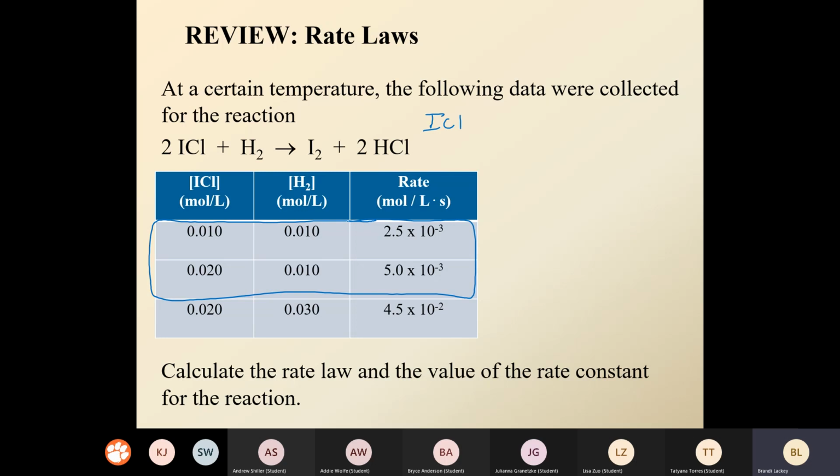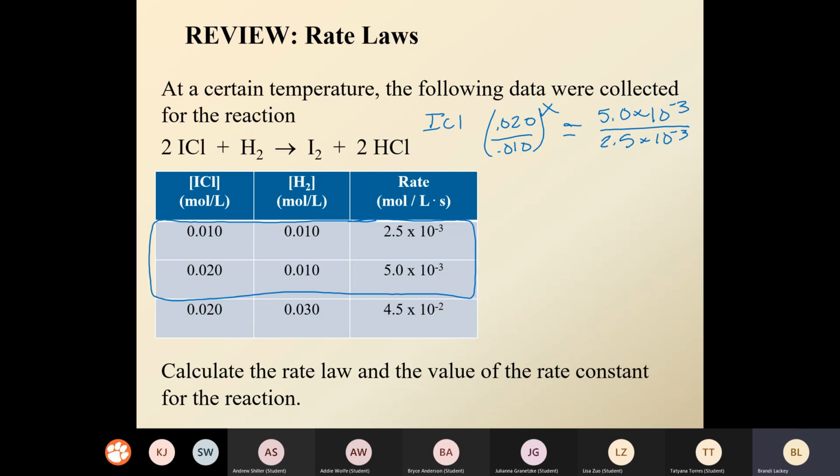So looking at the ratio of the concentration, 0.020 over 0.010 raised to some power is going to be equal to the ratio between the rates. So 5.0 times 10 to the negative third over 2.5 times 10 to the negative third.